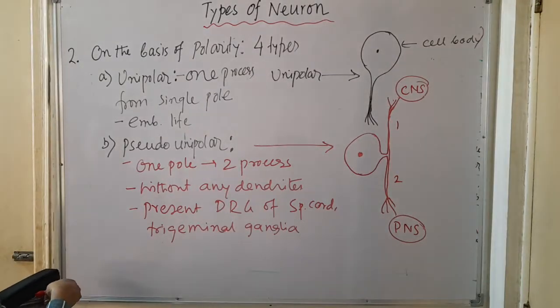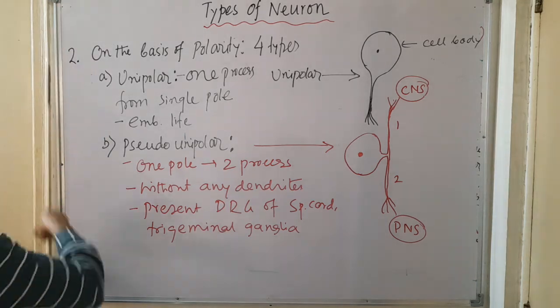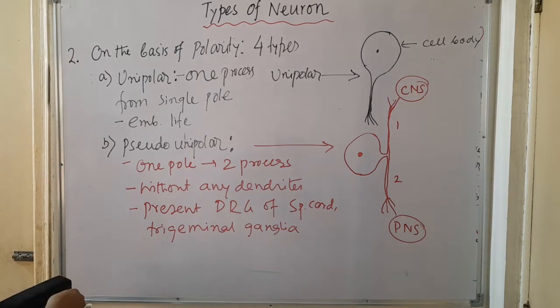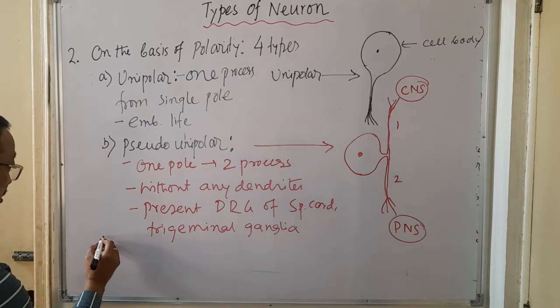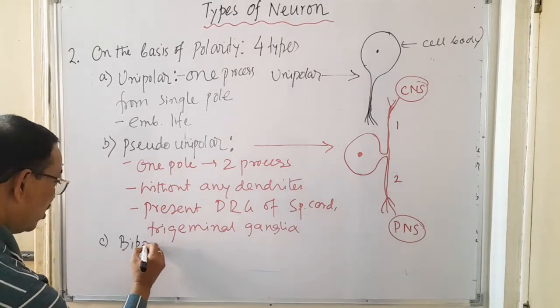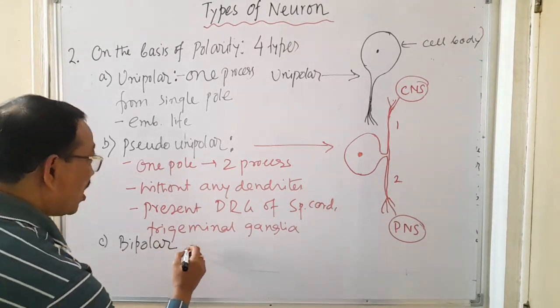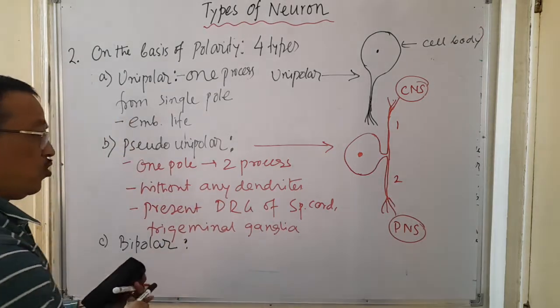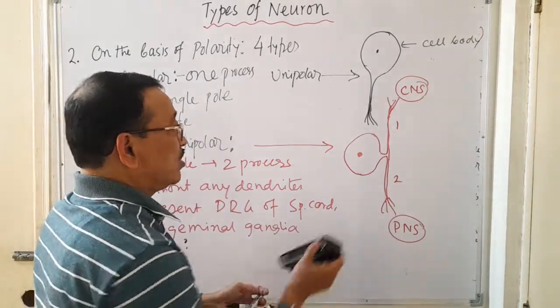And the third type of neuron is known as the bipolar neuron. So what is this bipolar neuron?